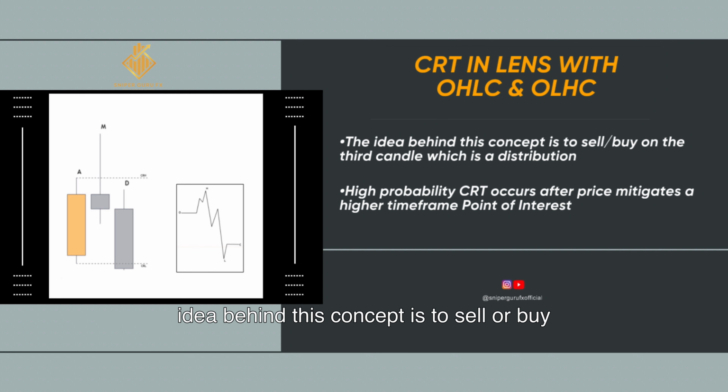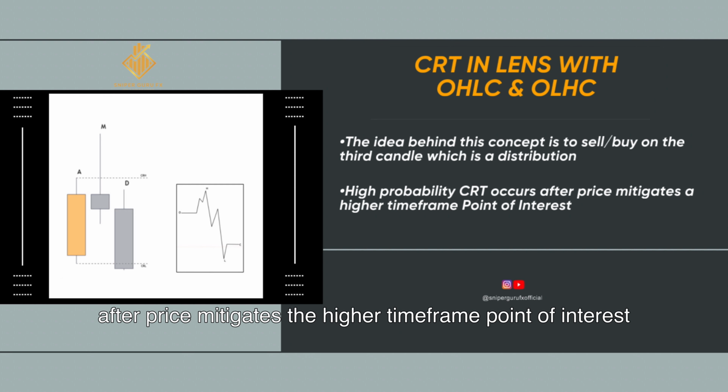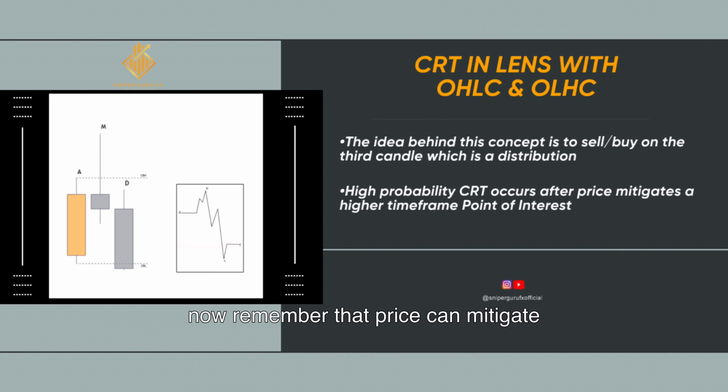The idea behind this concept is to sell or buy on the distribution candle, which is the third candle. The high probability CRT occurs after price mitigates a higher time frame point of interest. Remember that price can mitigate a higher time frame point of interest with the accumulation phase or on the manipulation phase, which is the second candle.